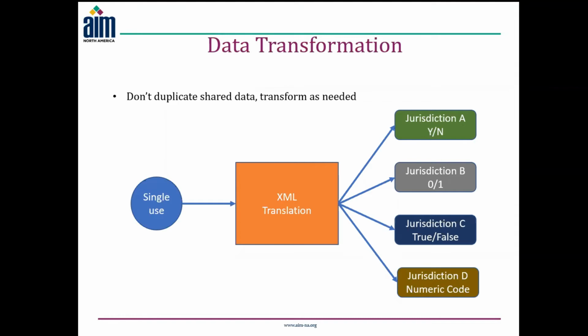A technology challenge is that when you, from a machine-to-machine communication perspective, or even exporting to an Excel to give it to a third party, the organizations and the jurisdictions need that data in different formats. So you may have a single-use data element, but one jurisdiction wants to see it as a yes or no, another one as 0 or 1, true or false, or even a numeric code.